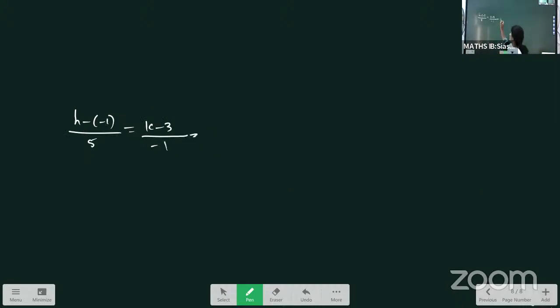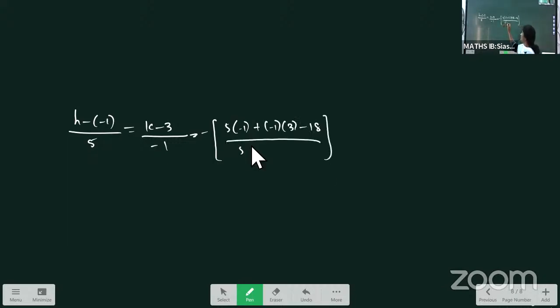This is equal to minus of (5 into -1 plus -1 into 3, and -18) by (5 square plus -1 square).